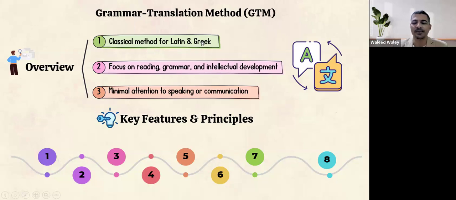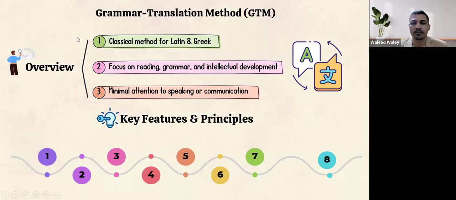So the first method we have is the grammar translation method. People used this method before, as I said, to teach Latin and Greek. So it's the first method we're going to identify today. The focus in this method was on reading, writing, and intellectual development, and minimal attention to speaking or communication.